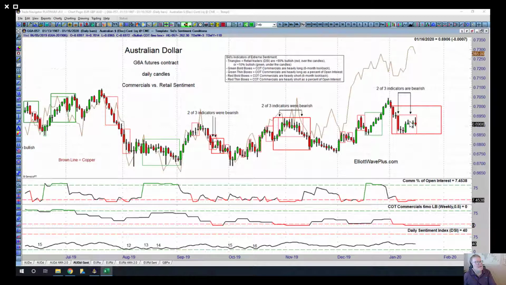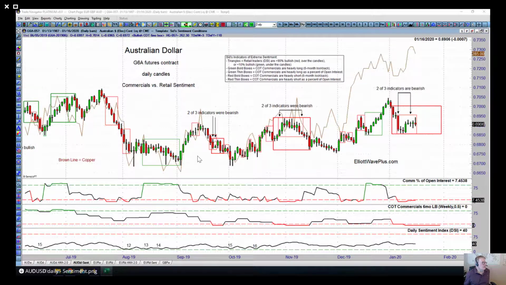That is generally bearish. If the commercials are heavily short an item, that is generally bearish for the item. You can see the last time we had the red boxes, the thin red box and the heavy red box around price, the price did start moving to the downside at that time.